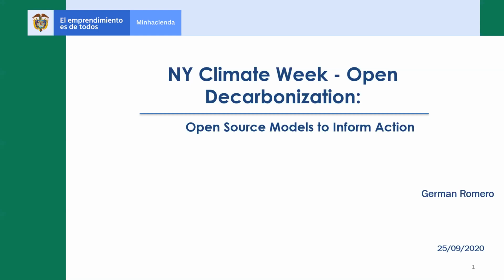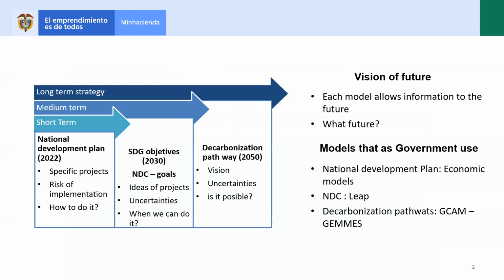Thank you, everyone. And yes, I want to show a little bit how in Colombia we use this kind of models, what objectives we use them for, and what good practice we have when we discuss this in terms of open decarbonization. This is the policy context: right now we have at least three time horizons when we discuss public policy.